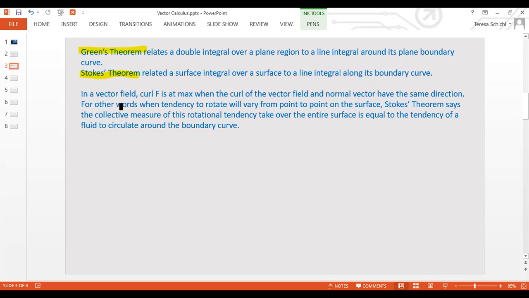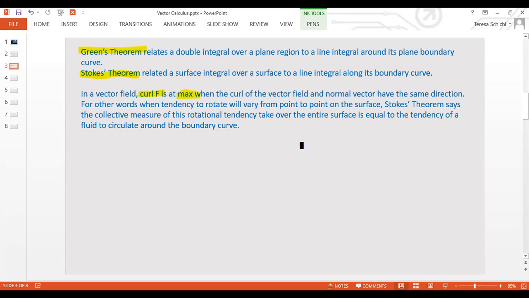Now, what is the meaning of that? In a vector field, the curl is the tendency to rotate. The curl has its maximal value when the direction of rotation is the same as the direction of the normal vector. So the tendency to rotate varies from point to point on the surface.